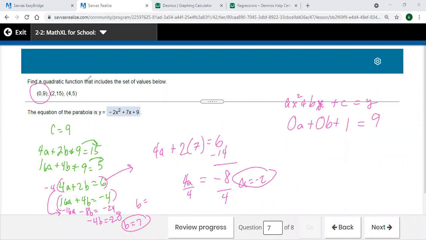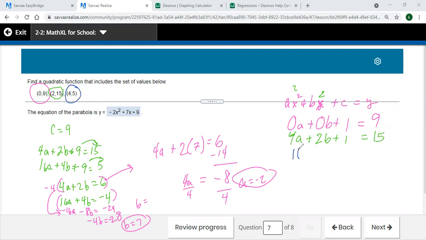My y was 9, and then if you go to the next one, that's putting the 2 here and here. So that's 2 squared, which is 4a plus 2b plus 1c equals the y. There was 15. And keep going.